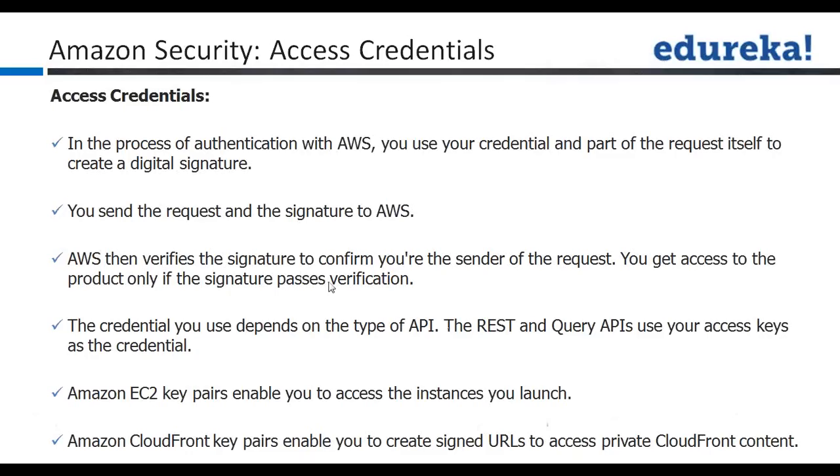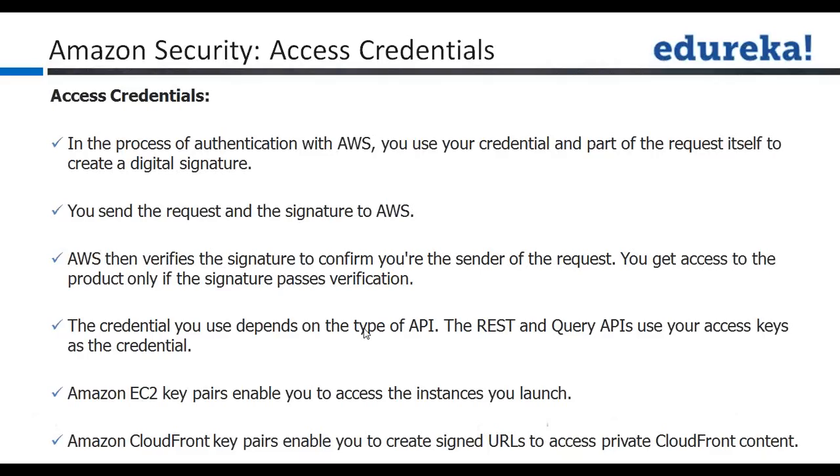Another good point, access credentials. So this is a process of authentication with the Amazon. So when you send a request, Amazon provides a different kind of access credentials. When you create an Amazon account, there are various kinds of access credentials available for you. First is Amazon provides your username and password to log into the Amazon Management Console.